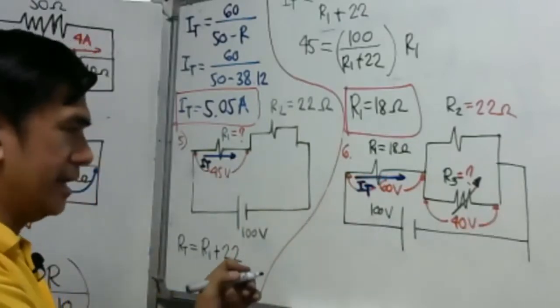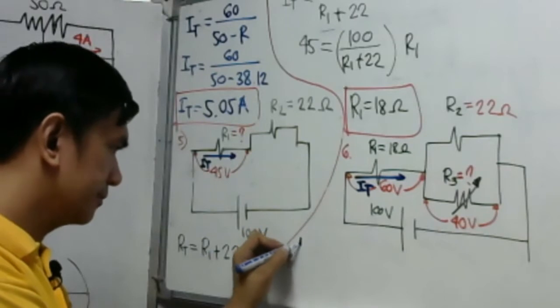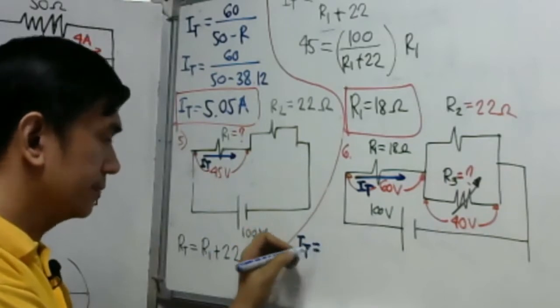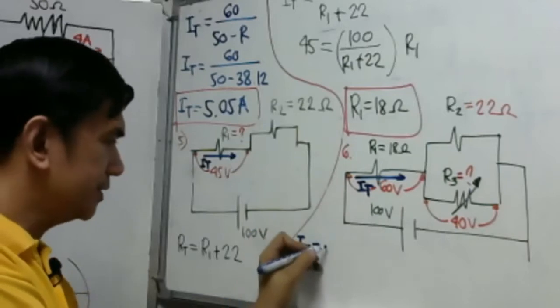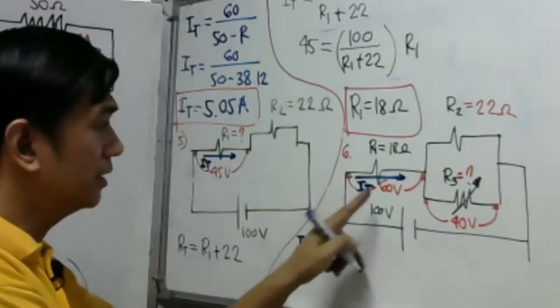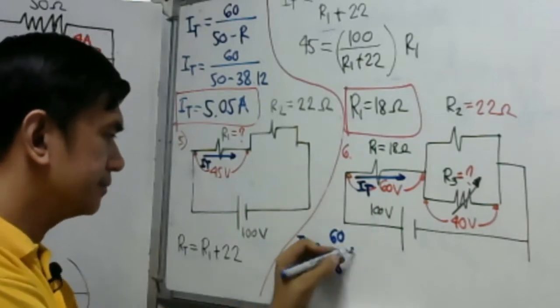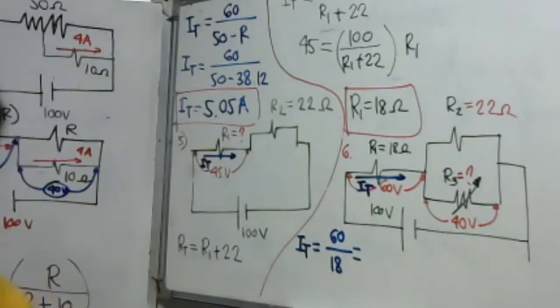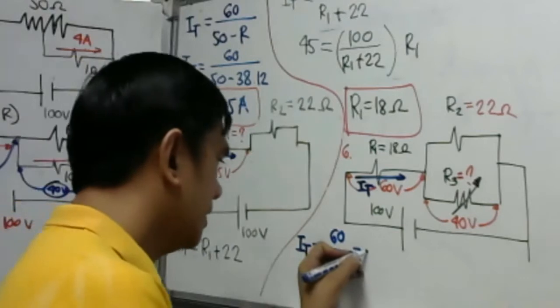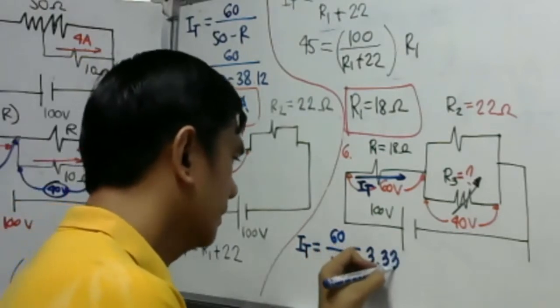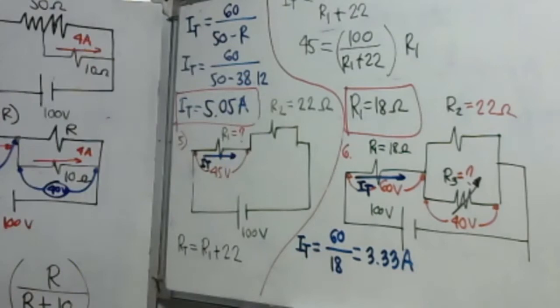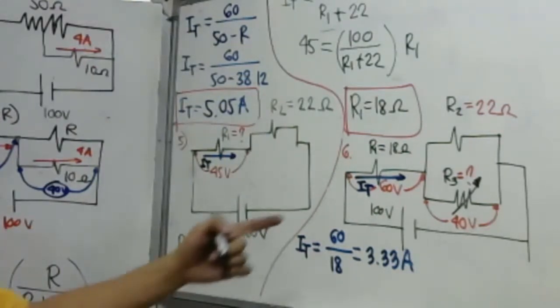So our total current will be equal to what? 60 volts divided by 18. So we have 60 divided by 18. Okay, that is 3.33 ampere. That is the current here.